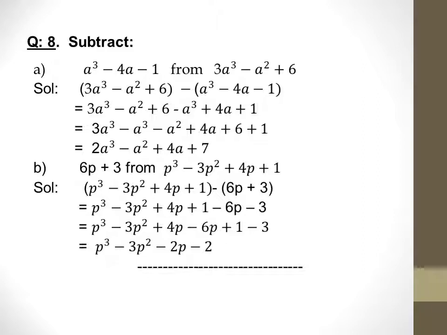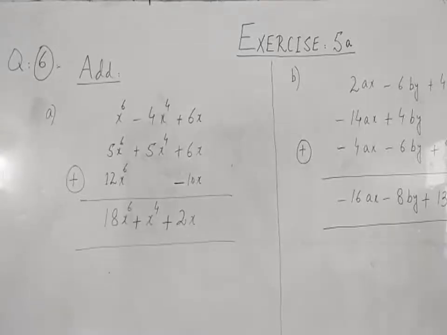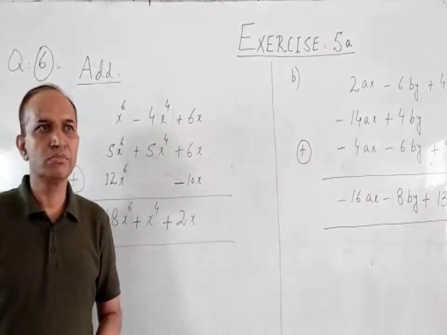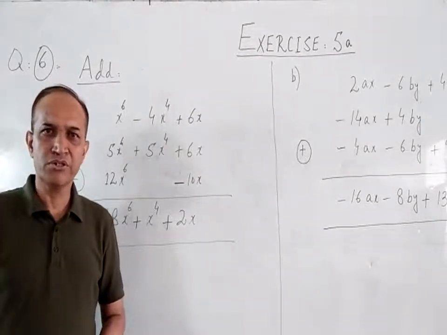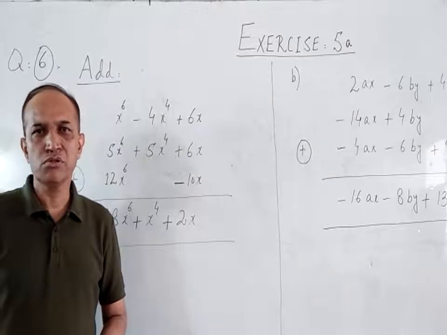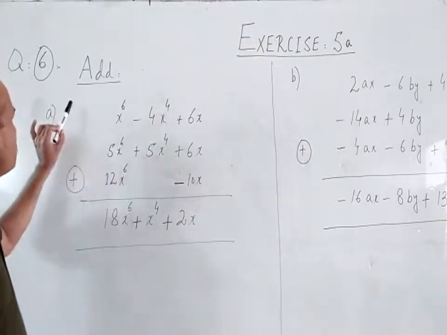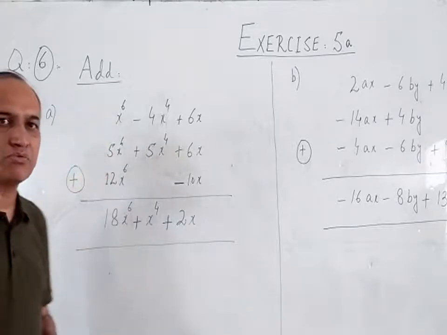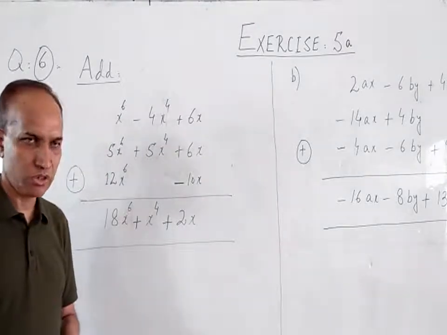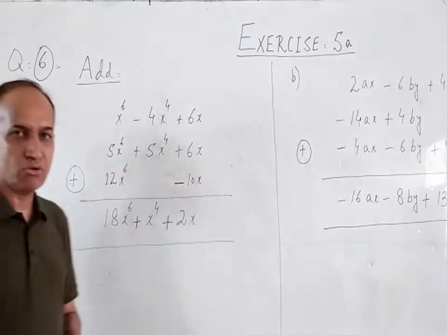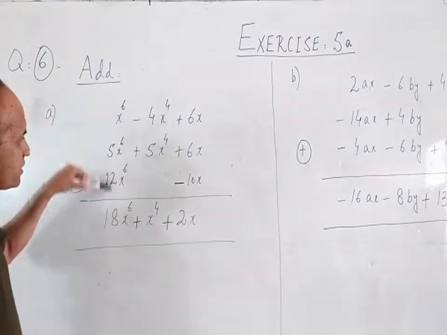In question number 6, we are given 3 polynomials and we have to add these polynomials. We write all these polynomials like this. Just keep in mind that the like terms should be written in the same column: x6, x6, x6 and so on. So let's add 12 plus 5, 17 plus 1, 18.